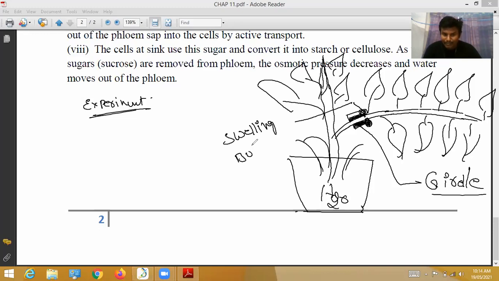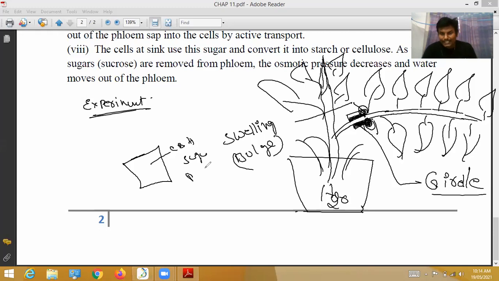If this part is cut and examined for nutrients, we can observe various kinds of carbohydrates, sugars, proteins, etc. This indicates that the phloem transports food material.